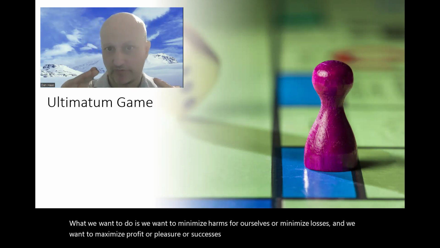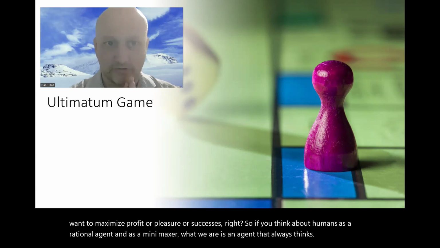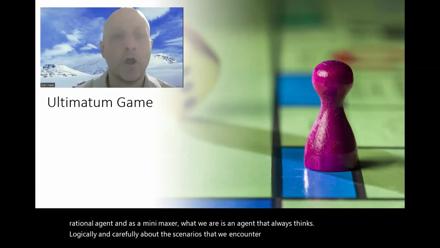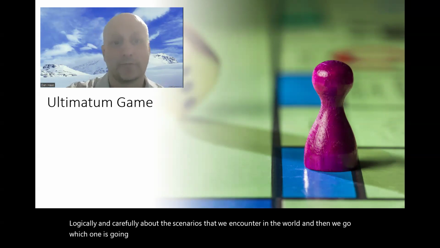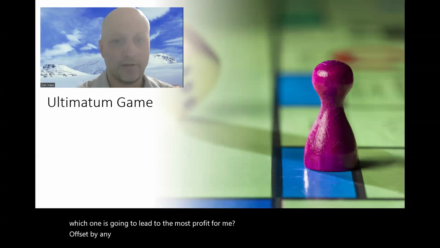So if you think about humans as rational agents and as min-maxers, we always think logically and carefully about the scenarios that we encounter in the world, and then we ask, which one is going to lead to the most profit for me, offset by any sort of costs? That's the thing I should always do.